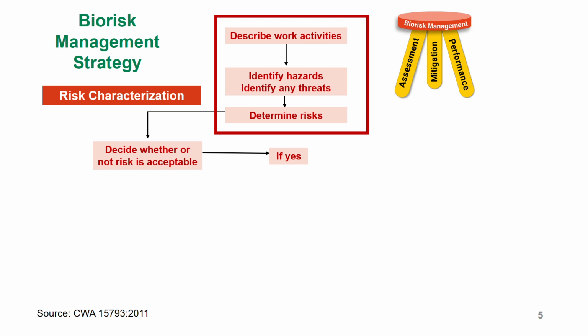If the risk is acceptable, so if yes, you need to proceed with work and you monitor your controls. You monitor the controls that you have already put in place as a laboratory. So you don't just proceed with work and forget about the risk and say, okay, we are working in a safe laboratory, so therefore we don't really need any more control measures. You need to also check what you are already doing. Is what you are already doing working?